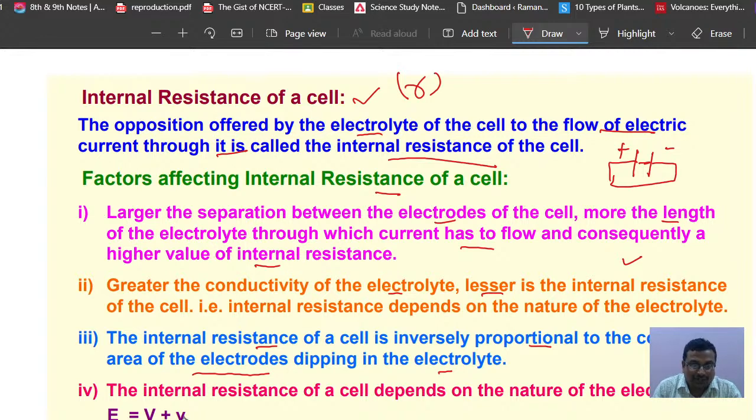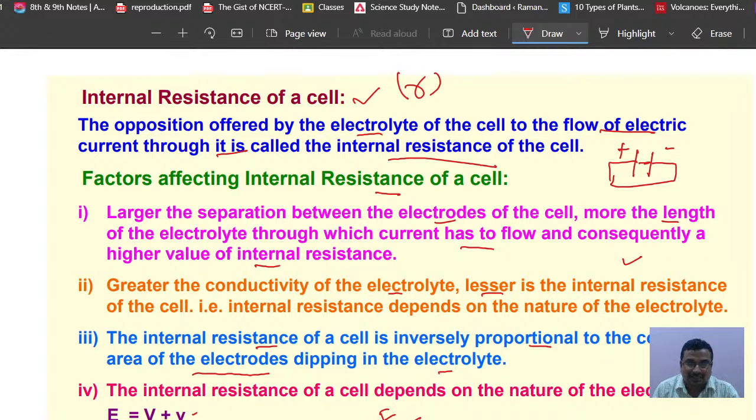EMF, it is voltage, capital E, and small v. So Ohm's law, V is equal to IR, V is equal to I times R plus internal resistance r. So here I is common: I(R plus r). So I is equal to, this will go to the denominator, I is equal to E upon R plus r.